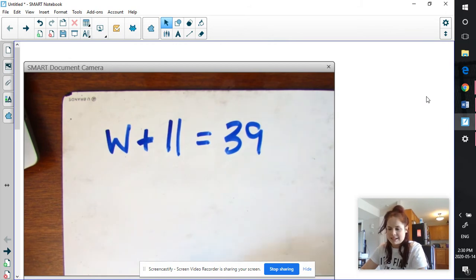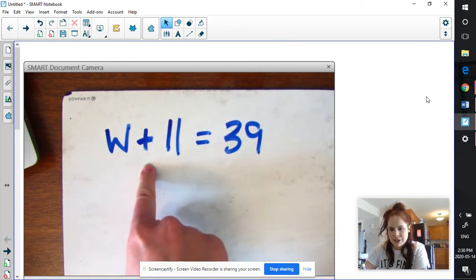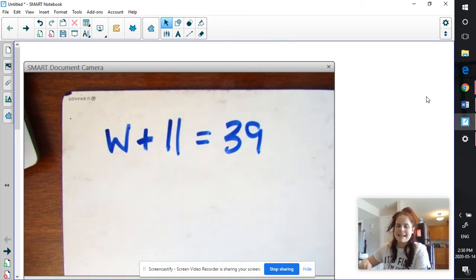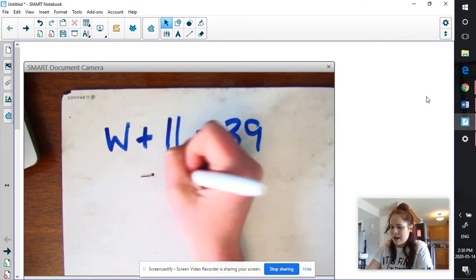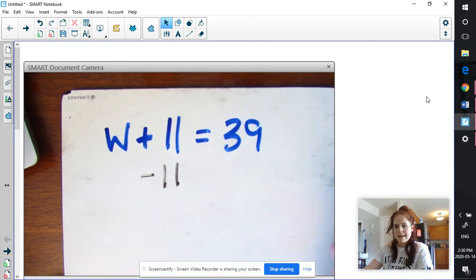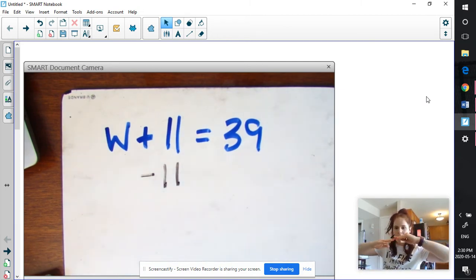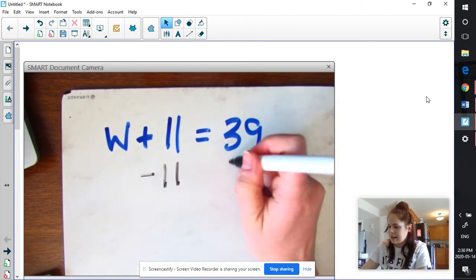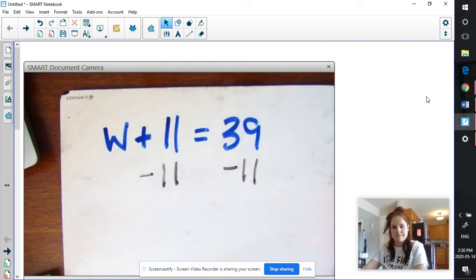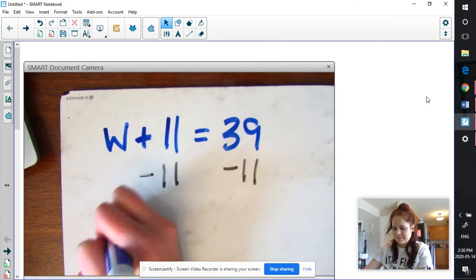The operation happening in this equation is addition. The opposite of addition is subtraction. So underneath this, I'm going to write subtract 11. Now, teeter-totter, I want it to be even. So on the right side, I'm going to do subtract 11 as well. Now my w stays.